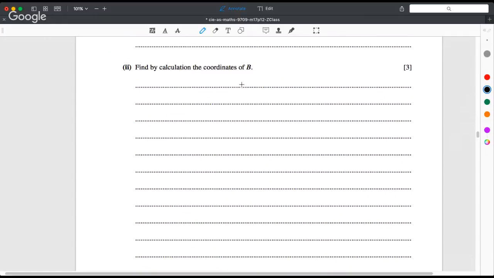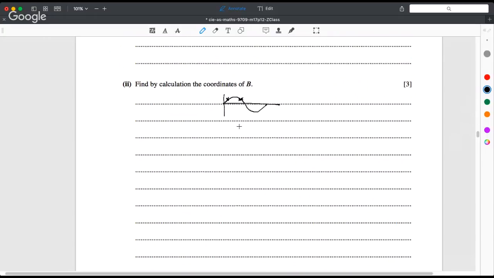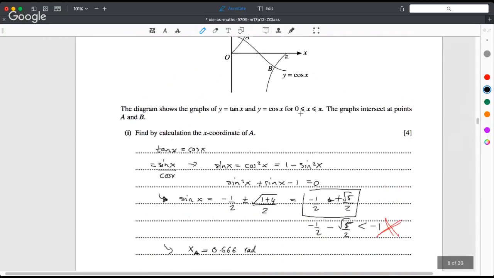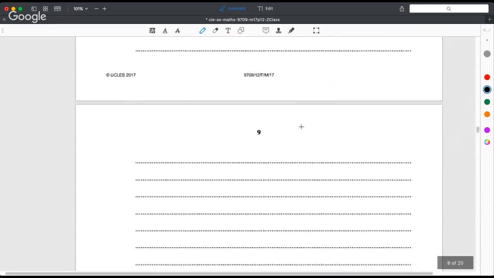So we know that the trigonometric function looks something like this. And so if we get 0.666 radians somewhere there, then there's another value over there which will also give us the same sine of x. And does that lie within our range? Well, x has to be between 0 and pi.